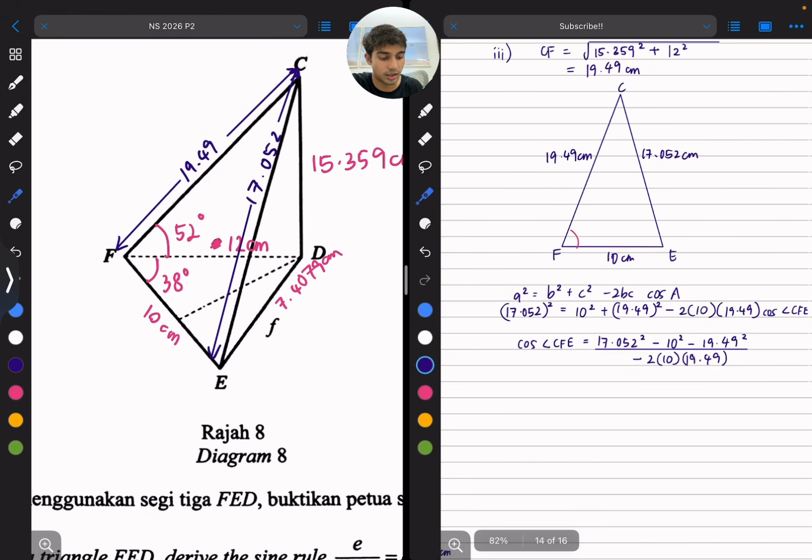Because we bring the minus first, and then the 2, 10 and 19.49 are related by times, so when you bring this number over, it must become divide. This is also another careless mistake students always make. They minus all this and then they get the wrong answer. So remember, this is one single term because it's related by times. So when you want to bring this over here, it will become divide.